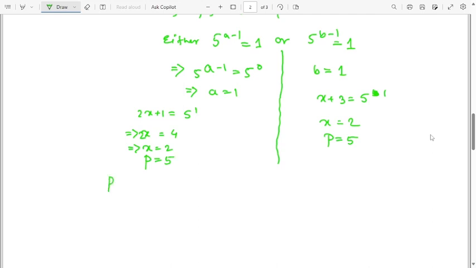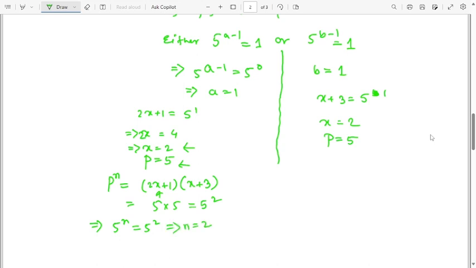So now we are going to find what will be our n. For that, we are using the equation 2x plus 1 times x plus 3. Replacing the value of x here, we get 5 times 5 is equal to 5 square. And also we know that p is 5. So by replacing p by 5, 5 to the power n is equal to 5 square, which gives us n equal to 2.